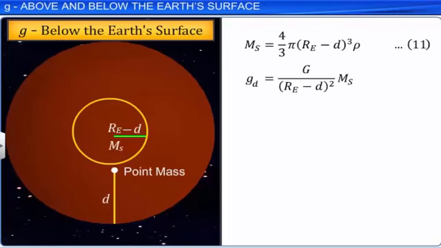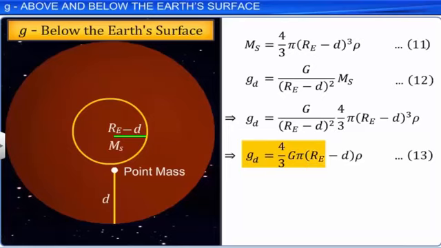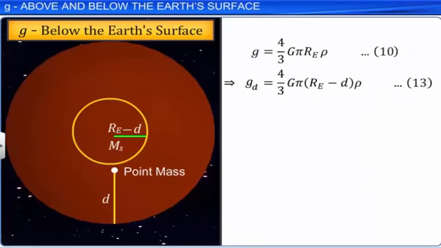Gd is equal to 4 by 3 G pi into (Re minus d) multiplied by rho. Acceleration due to gravity at depth d inside the Earth can be compared with that on the surface by considering the ratio shown using equations 10 and 13.